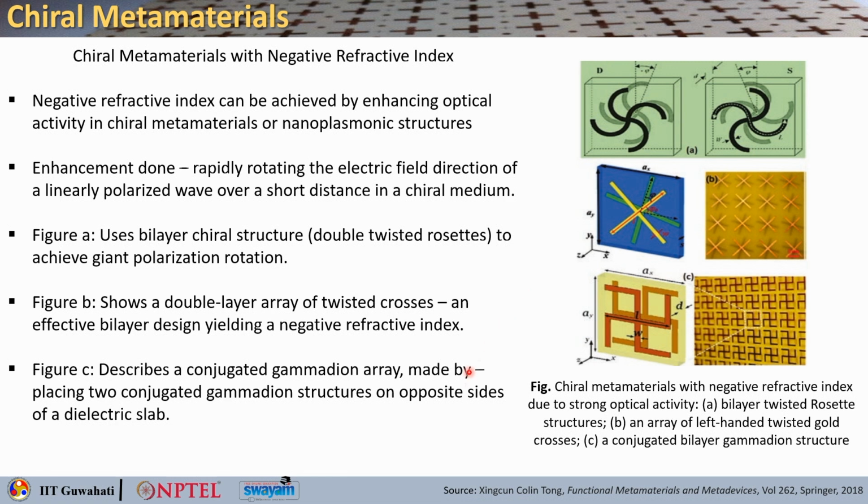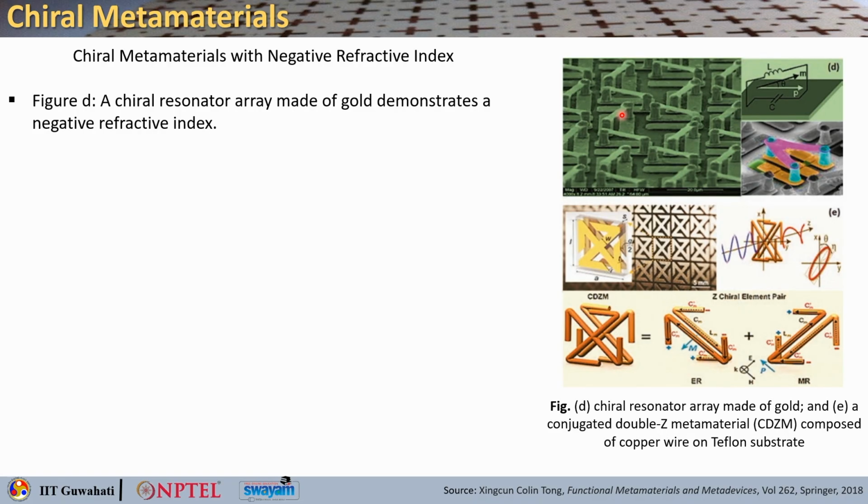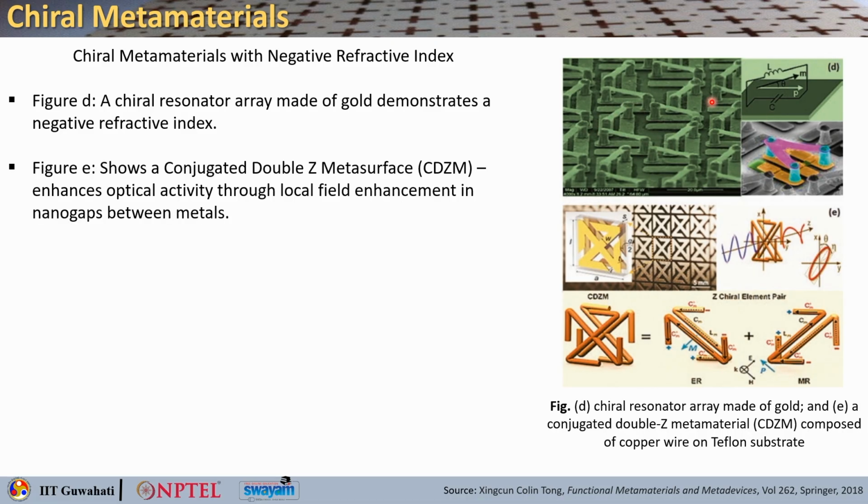So, what you see is that this kind of structure breaks the mirror symmetry along the normal plane, which enhances the chirality, and a strong chiral metamaterial can have negative refractive index for one circular polarization around the resonant frequencies. So, figure D shows another kind of structure, which is basically a chiral resonator array made of gold, and that also demonstrates negative refractive index.